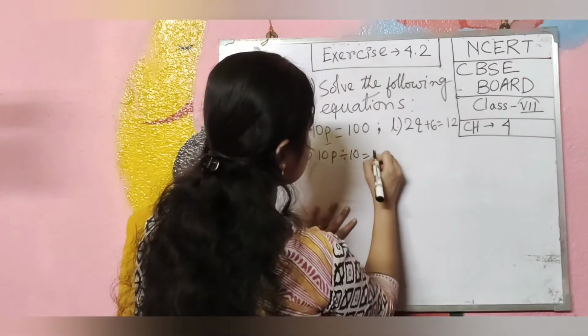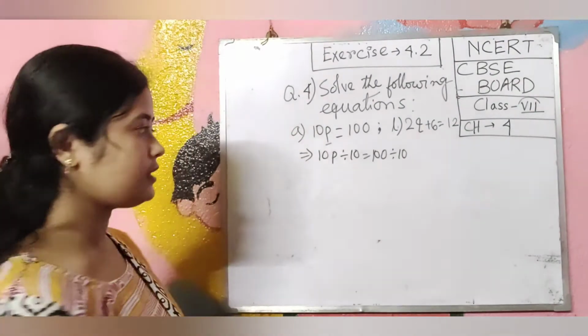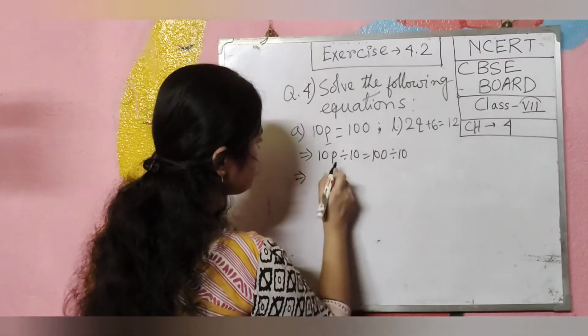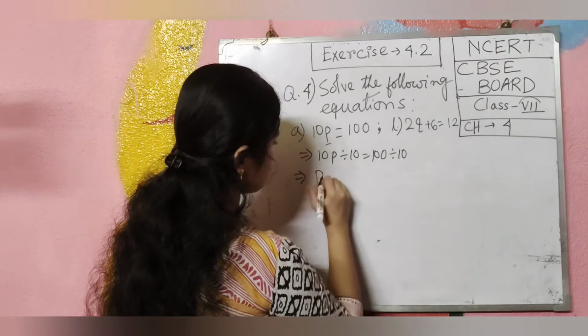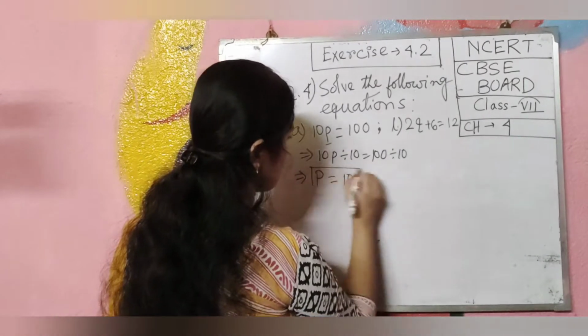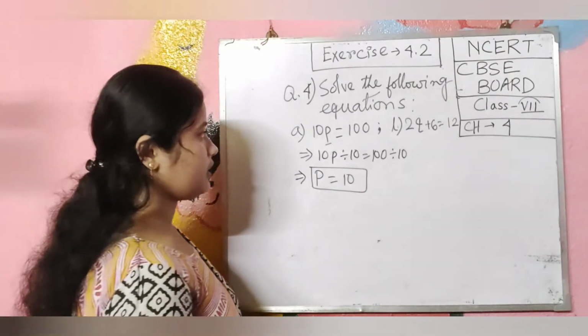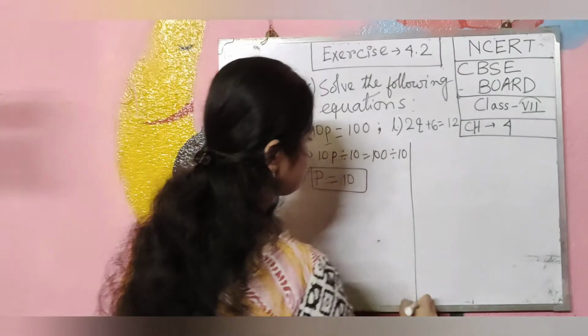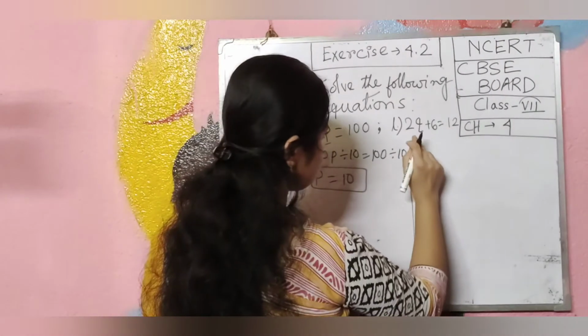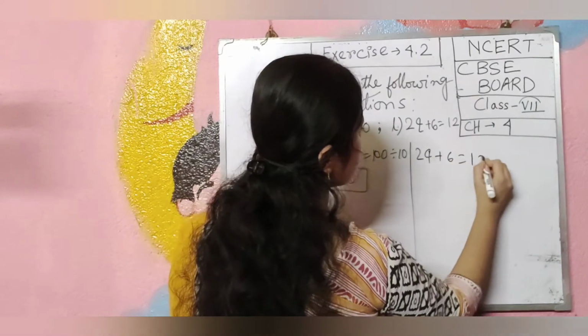I will do that on both sides. I always do it on both sides. Then what will the answer be? 10p divided by 10 is p, and 100 divided by 10 is 10. So the answer will be p equals 10. Then I will discuss another question, that is 2q plus 6 equals 12.